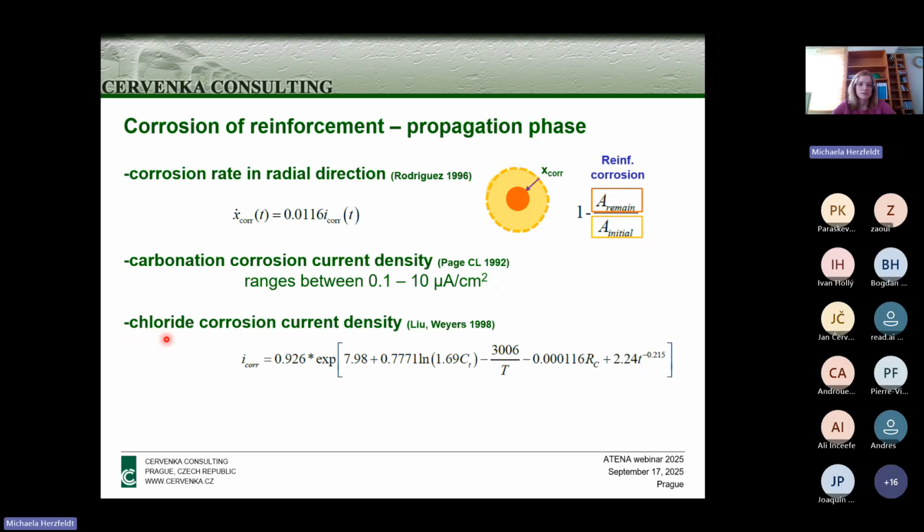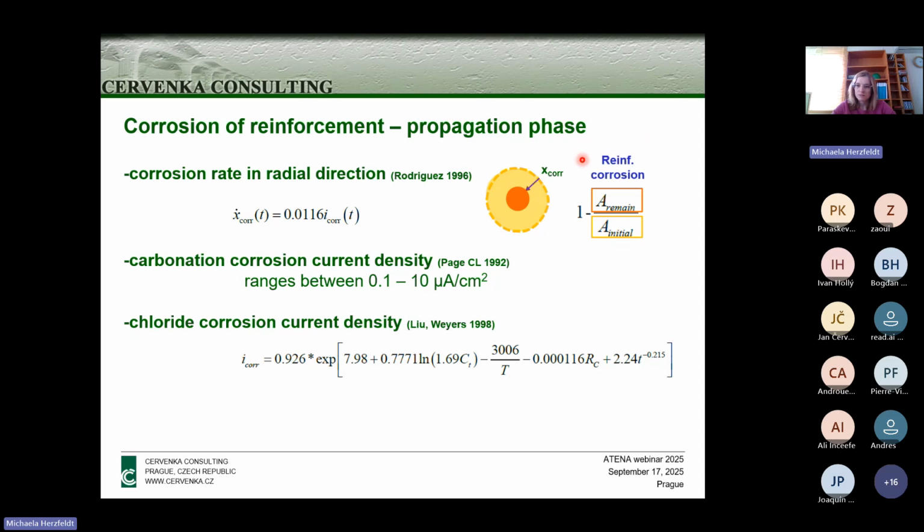Then there is corrosion current density for chloride that has a little bit more complex formula, and it assumes the chloride content and the temperature as well. This is a corrosion parameter that basically says if it is uniform corrosion or some pitting corrosion or more localized corrosion. And it depends also on time, that it's developing in time.